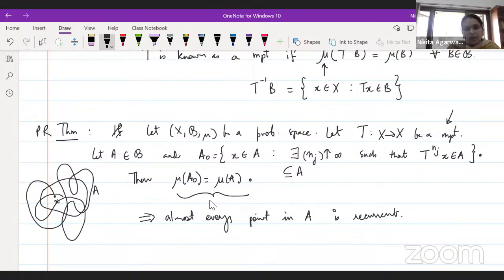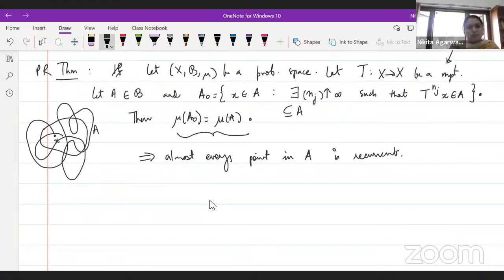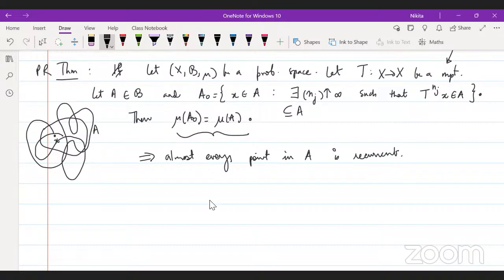So let me write down A naught differently. So the point is, it's telling you that A naught is non-empty, provided A has non-zero measure, right? Yeah.